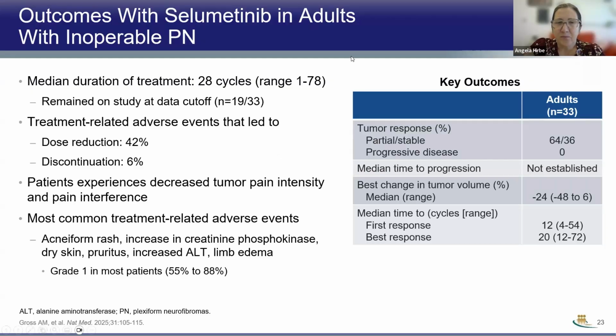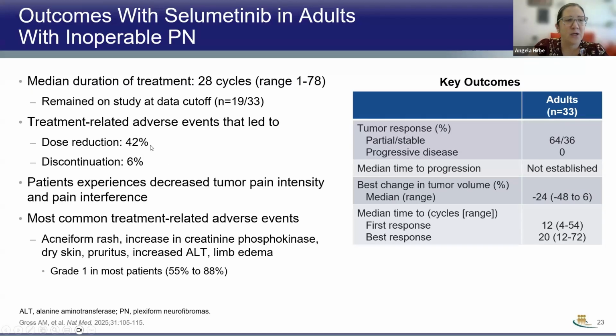If we look at the data for selumetinib in adult patients, median duration of treatment was 28 cycles, so quite a long time. Treatment-related adverse events that led to dose reduction or discontinuation were fairly significant.